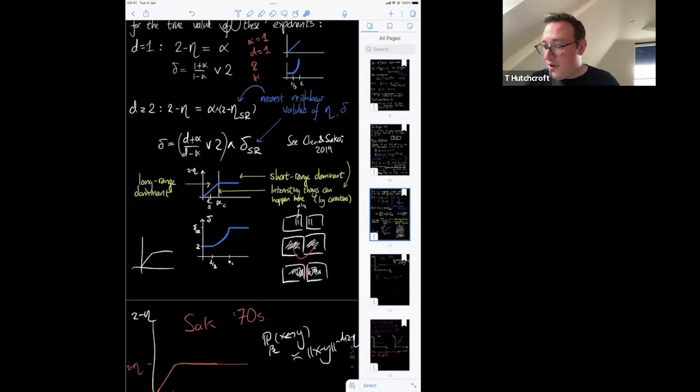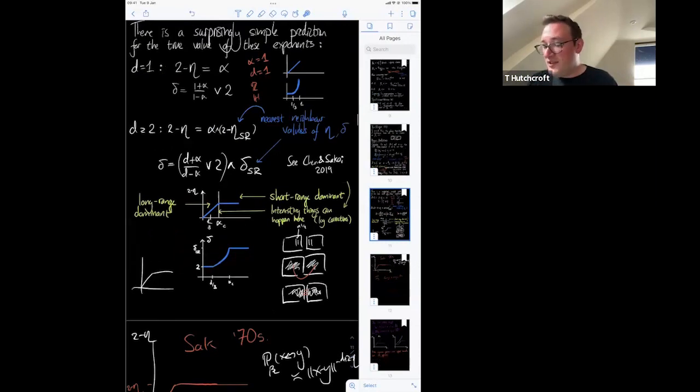Then there's this middle part where it's supposed to be this rational function, d plus alpha over d minus alpha, and then it's going to fixate at whatever the nearest neighbor value is. So again, these are both simple pictures. Of course, there is something complicated hiding here, which is the value of alpha c, or equivalently the value of the nearest neighbor exponents. But other than that value, which is some very complicated number, that's a very simple picture.